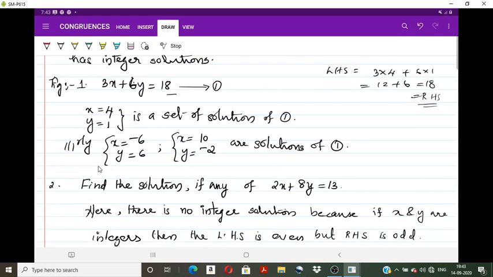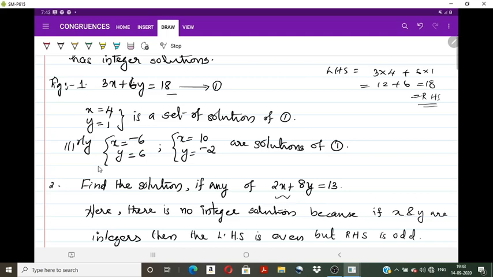Now find the solutions, if any, of the equation 2x plus 8y equal to 13. First of all, we have to check whether this is a Diophantine equation or not. Suppose there are integers x and y such that 2x plus 8y equal to 13. Since x and y are integers, 2x plus 8y is an even integer.